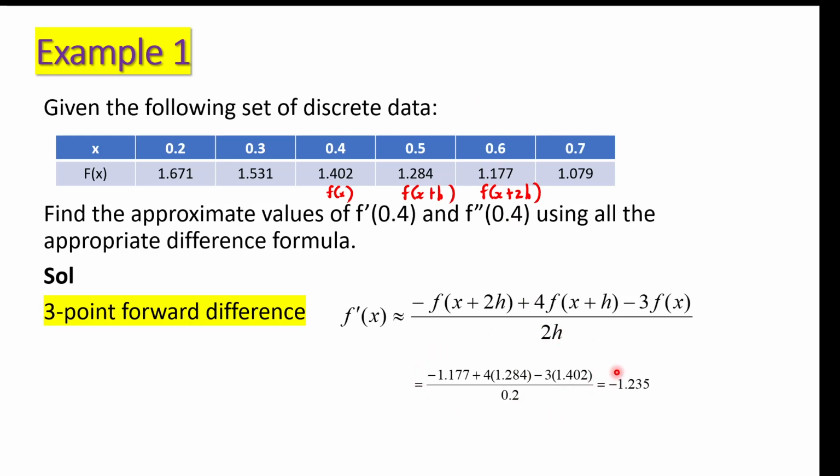Calculate using your scientific calculator in one step. If you're using MS, make sure your numerator has brackets before you divide by 0.2. If you use ES onward, key in using the natural display in fraction form. Then you'll get this answer. So 3-point forward, is it okay?